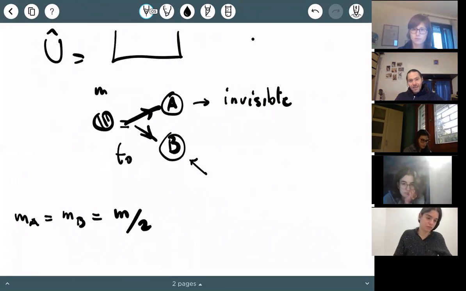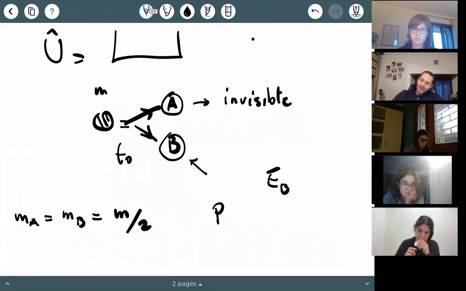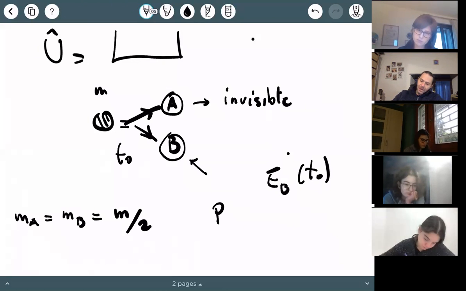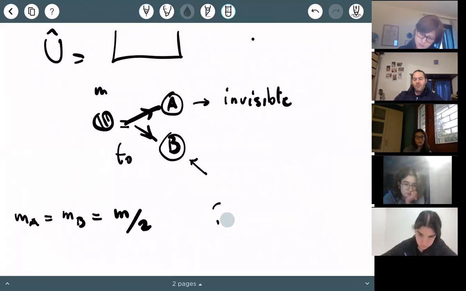Okay? So what is the probability of the energy of particle B at time t0? That is, find the typical possible outcomes of measuring the energy of particle B, and what are the corresponding probabilities.